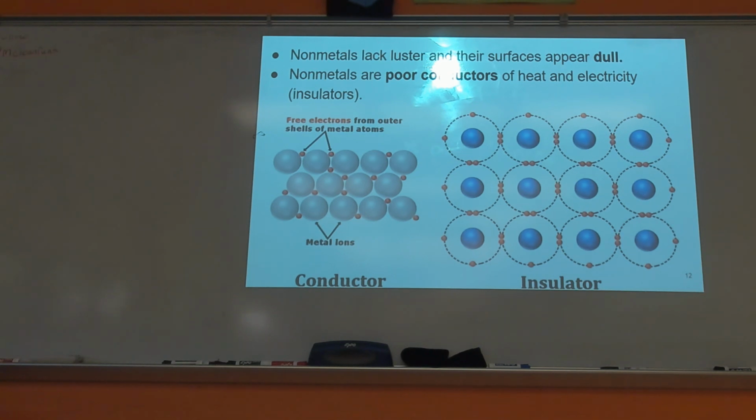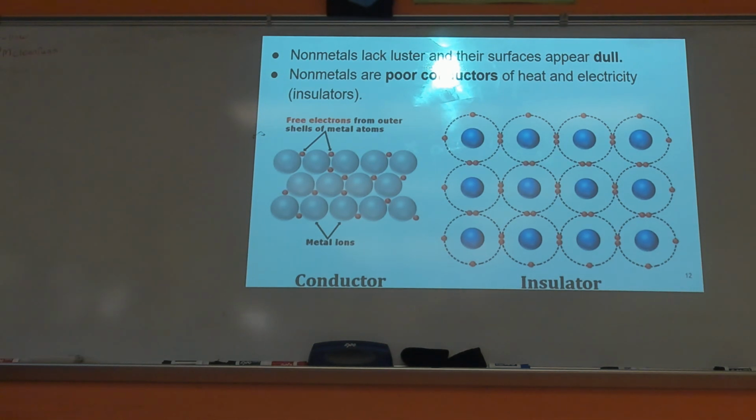And nonmetals are going to be poor conductors. Or I'm sorry, nonmetals are insulators. Nonmetals are not conductors, they are insulators, meaning they do not conduct electricity. So if you're an insulator, you are not conducting electricity. The reason why they're good insulators is because they hold onto their electrons really well.